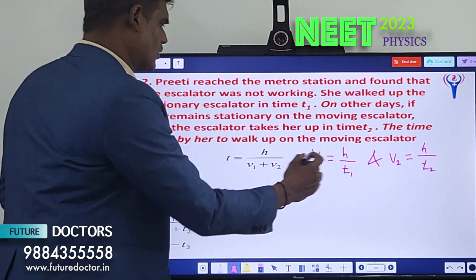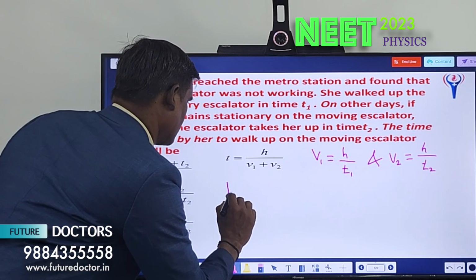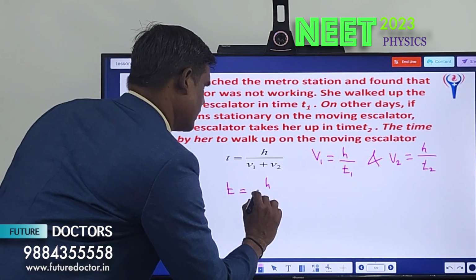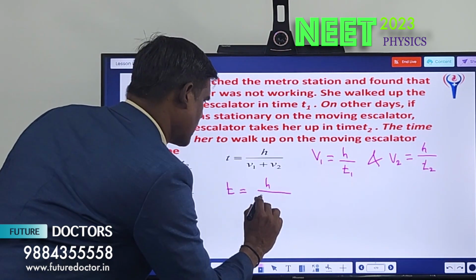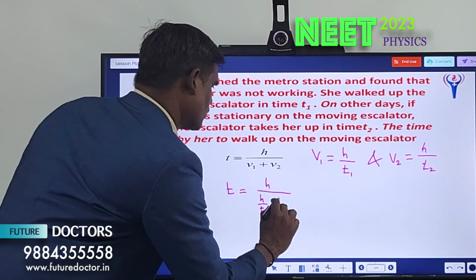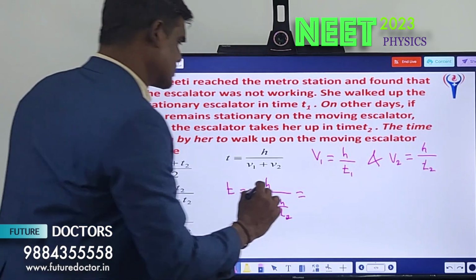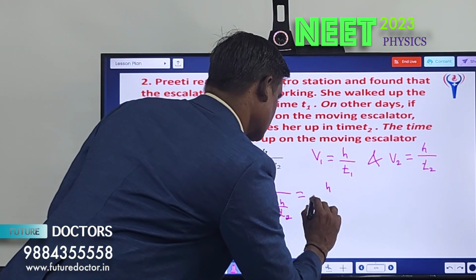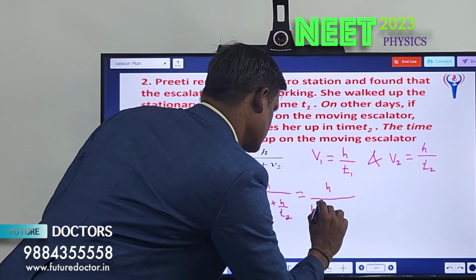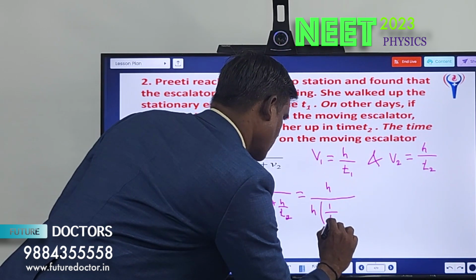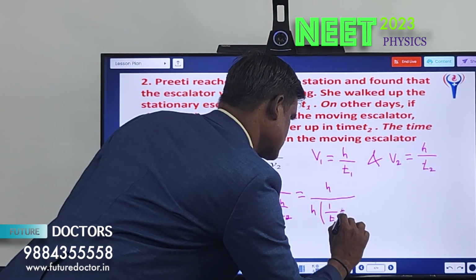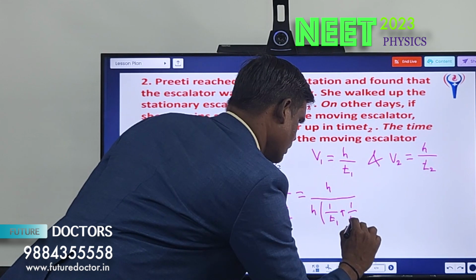Then substitute this v1, v2 here. T equal to h divided by v1, which is h by t1, plus v2, which is h by t2. h take outside as a common. h divided by h into 1 by t1 plus 1 by t2.